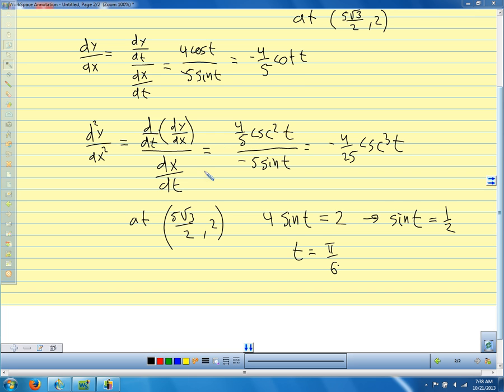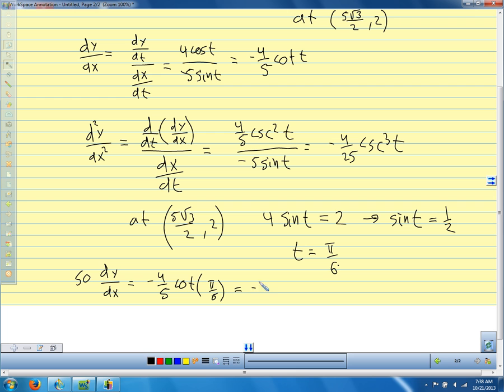So dy dx is going to be minus 4/5 cotangent of pi over 6.